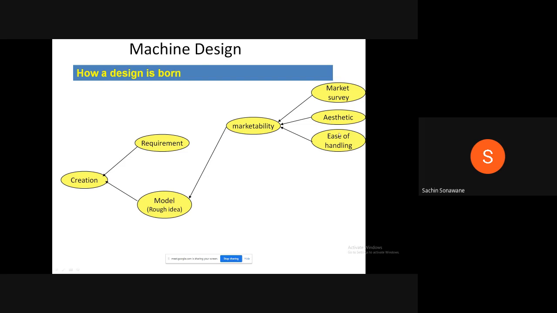That is known as ease of handling. Then safety. There should be safety features. Then it should be economical. Then it should be recyclable.